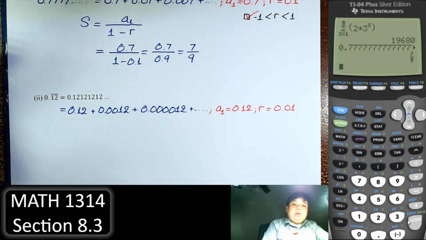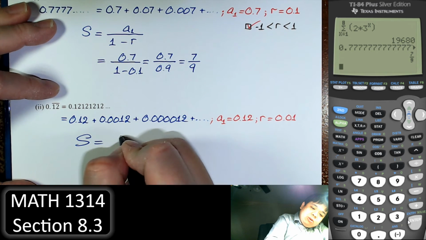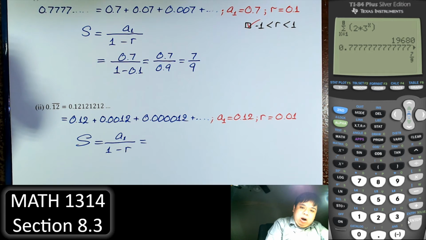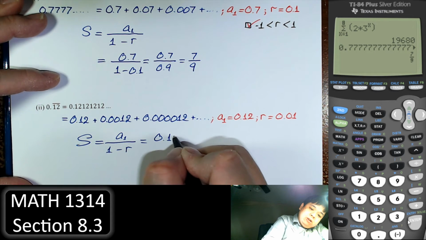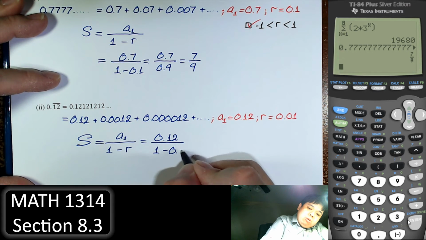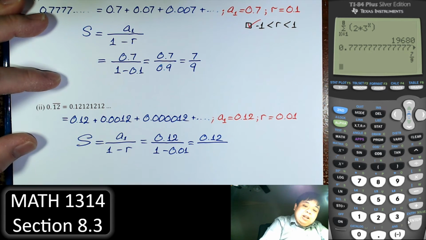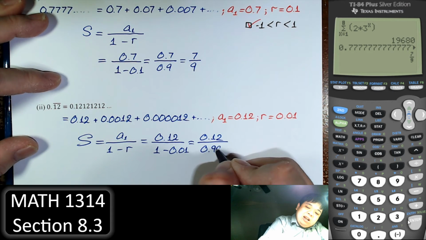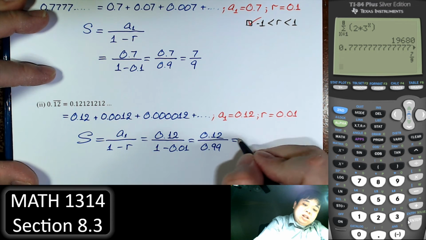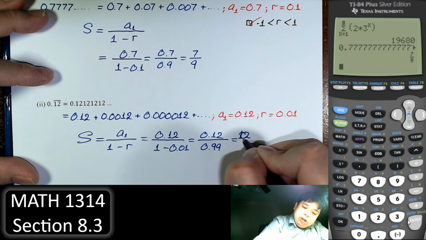So for 2 digits repeating, we have to skip 2 zeros. So the sum is equal to a1 over 1 minus r. a1 is 0.12, and r is 0.01. So we have 0.12 divided by 0.99, multiplied by 100, or move the decimal point 2 places to the right, and we have 12 over 99.